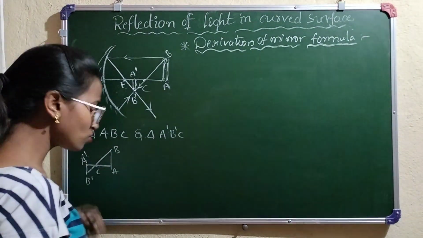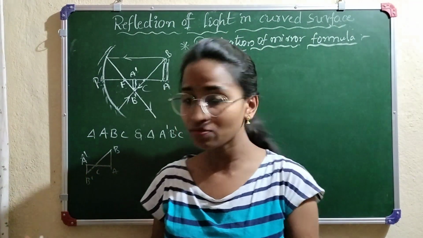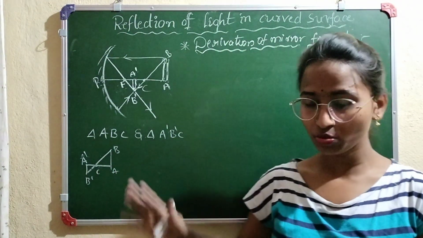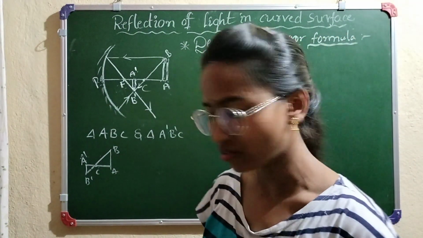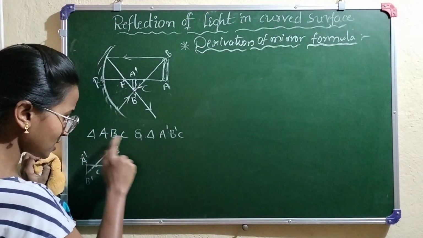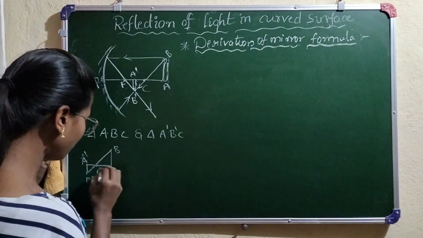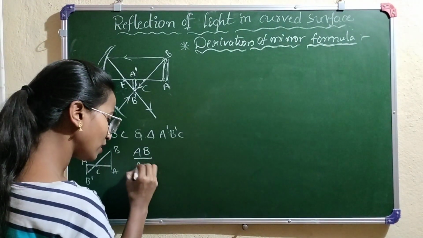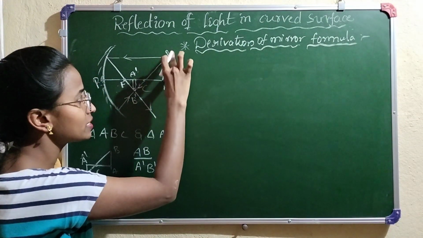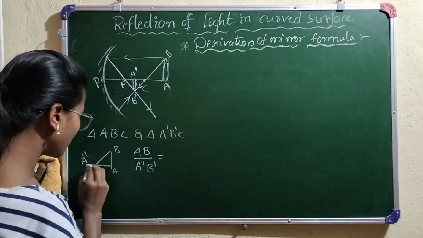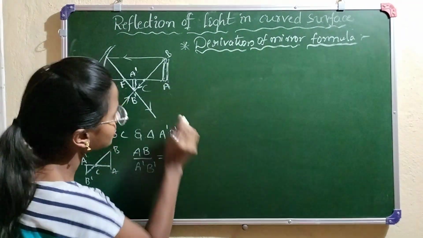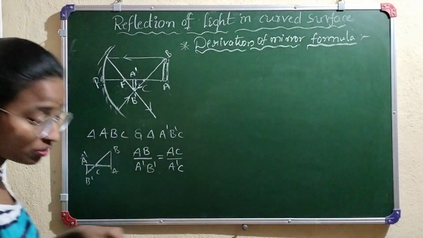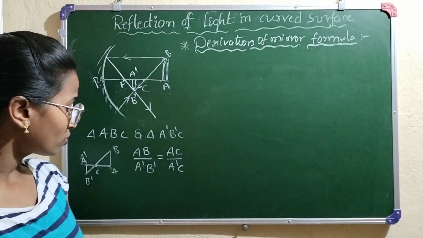In mathematics you already know that if two triangles are alternate to each other, then the ratio between the adjacent sides of the two triangles will be equal. In the same manner, from ABC and A dash, B dash, C we can write the length of AB by A dash B dash is equal to the length of AC by A dash C. This is the relation we already studied in mathematics.